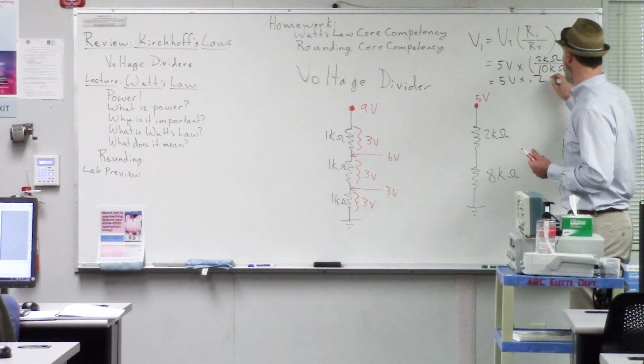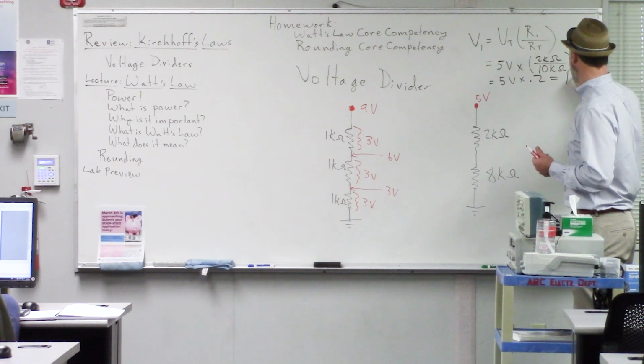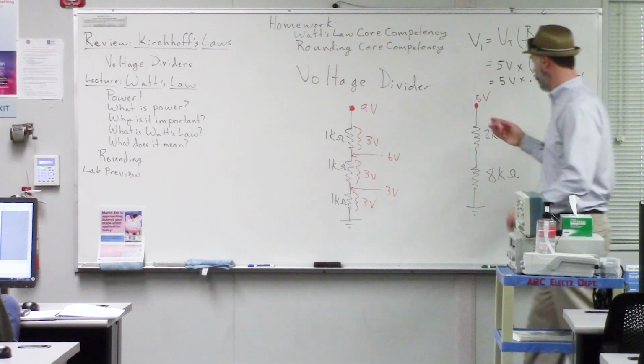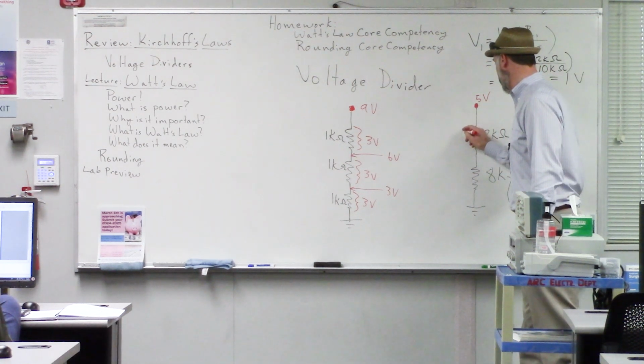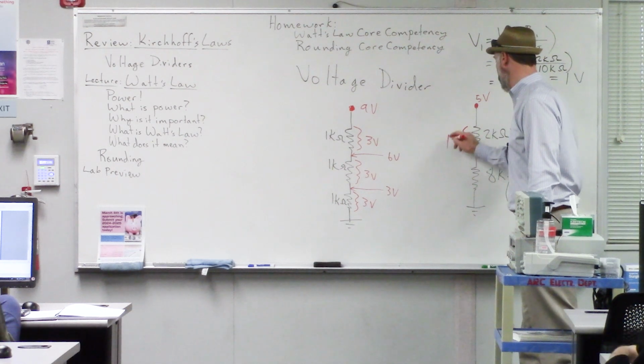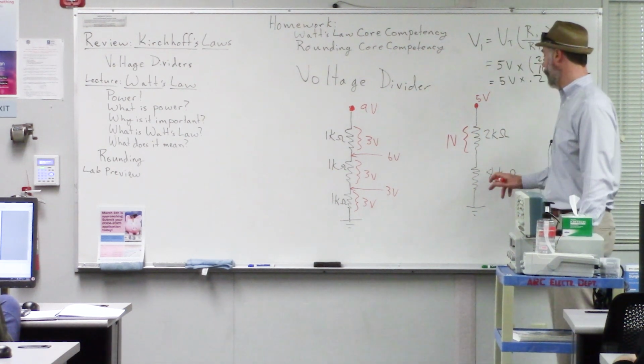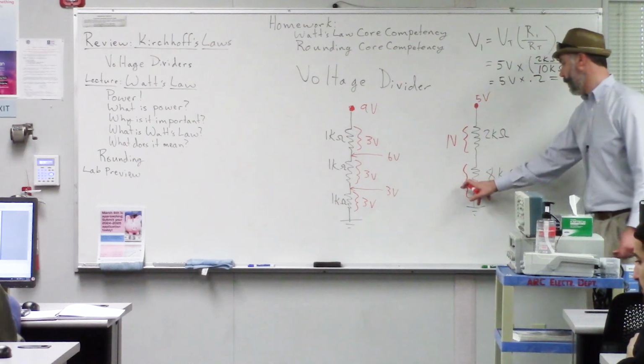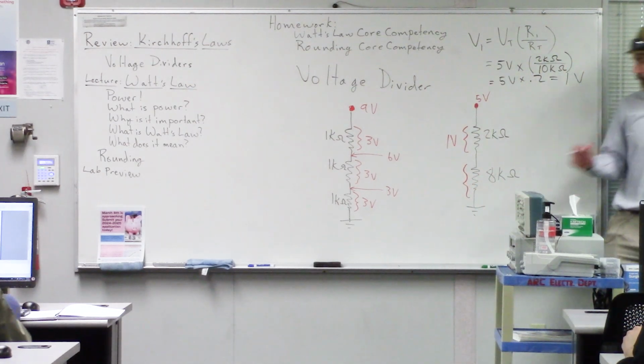So that equals 1 volt. So we would have 1 volt across that resistor, and then the rest would be across this resistor. So how much would be down here? 4 volts, exactly.